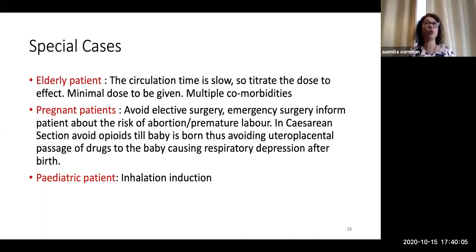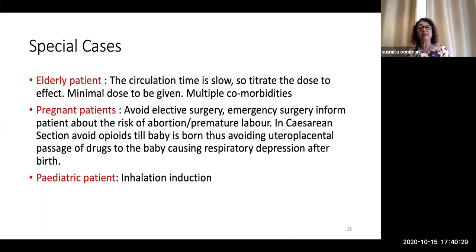Then we have to observe the baby, and we may have to give oxygen, etc. So if you're giving a general anesthetic for a cesarean section, you have to tailor your anesthetic such that you give the opioids and other things only after the baby is born. So you have to keep that in mind.